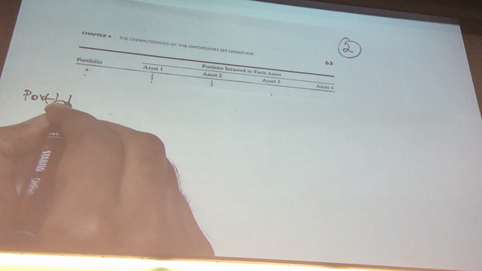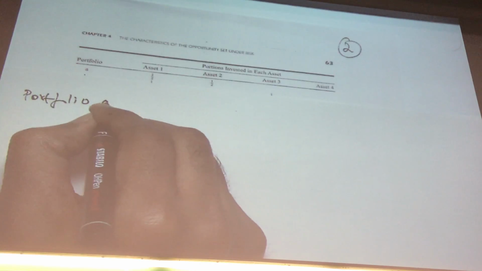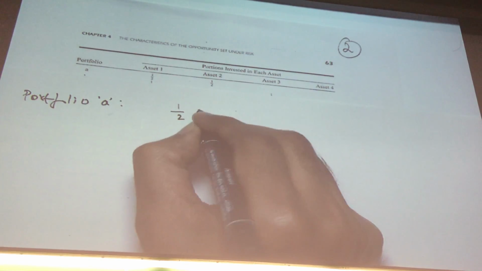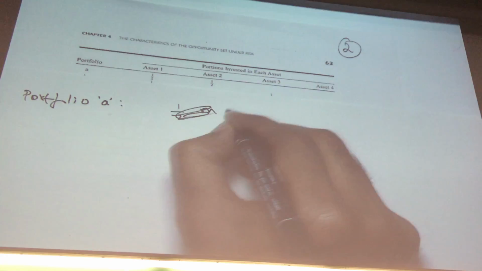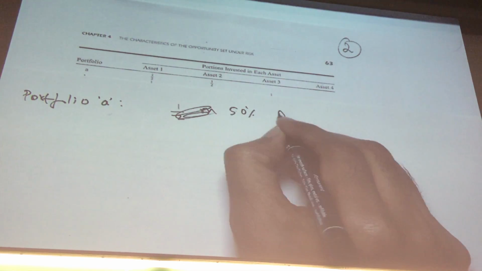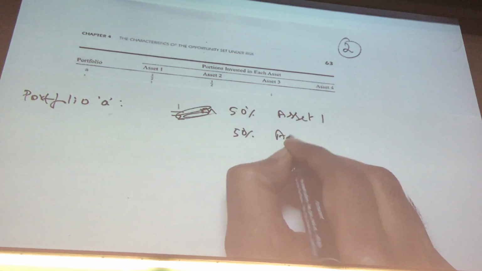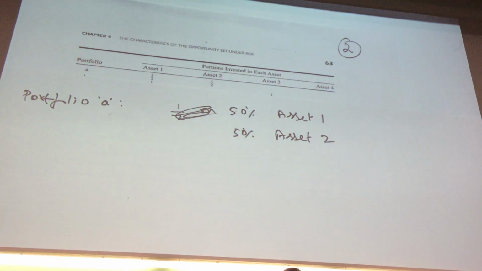50% of the wealth is assigned to asset 1. The other 50% is on asset 2. Okay? I am talking about portfolio A. So according to that, 50% on asset 1 and the remaining 50% on asset 2.